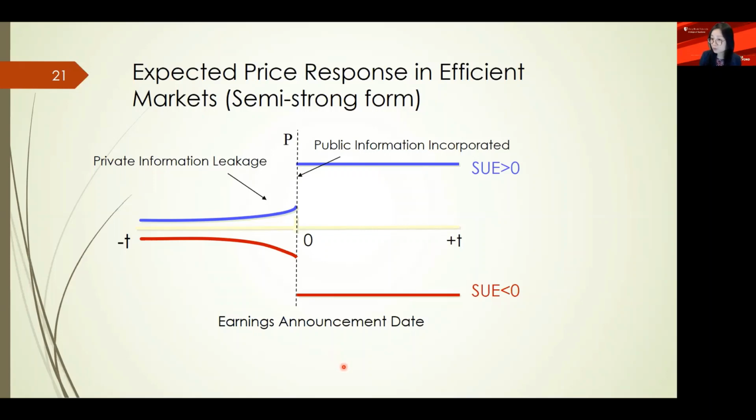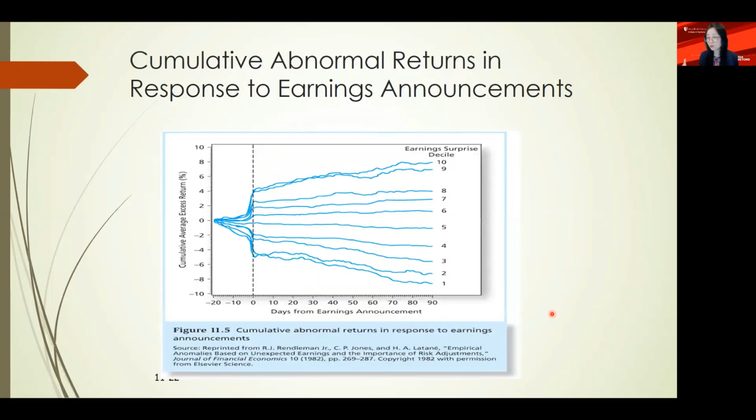But what do we observe in the real data? If we look at earnings across different levels of surprise, we should see the price jump and then stay there. But the data shows that's not what we observe, because the price didn't change fully at once.